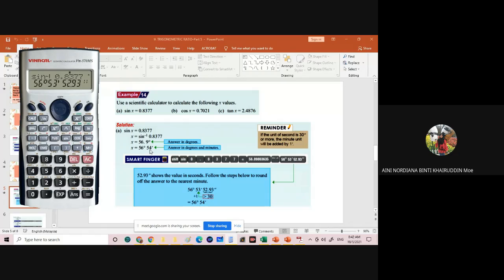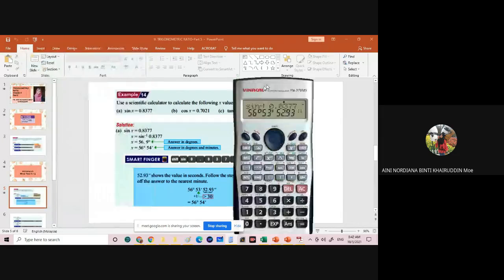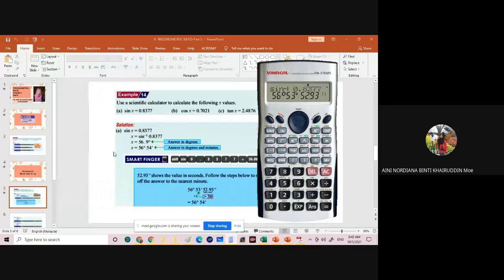That's why in your textbook it is 56 degrees 54 minutes. This is what I said just now: if the seconds unit is more than 30, then the minute unit will be added by 1. So this is how you use your calculator to calculate the value of x.